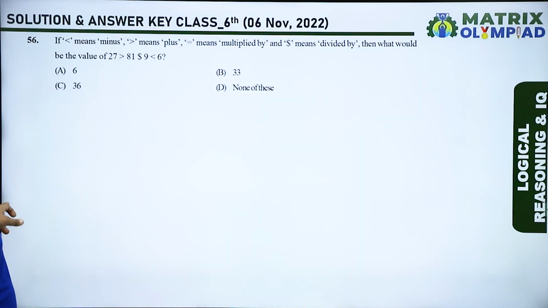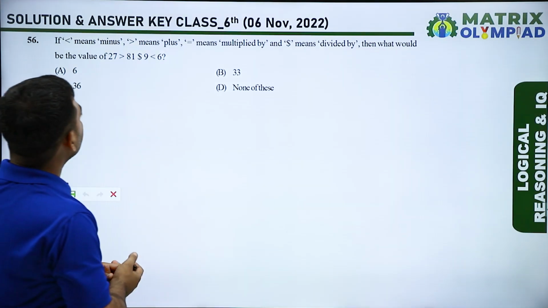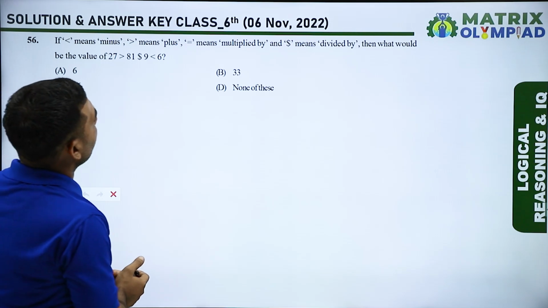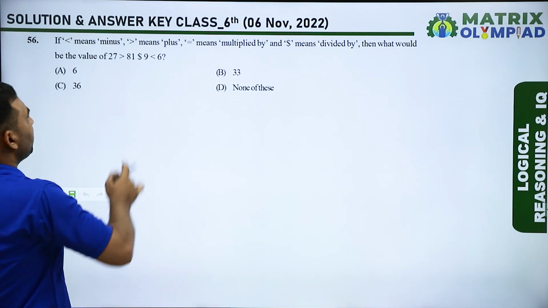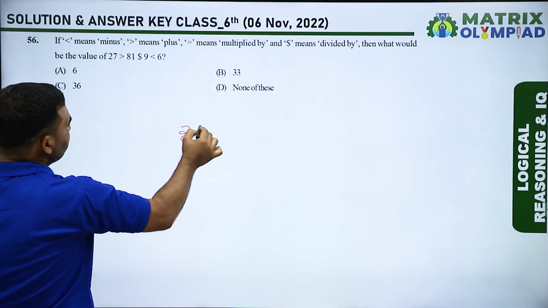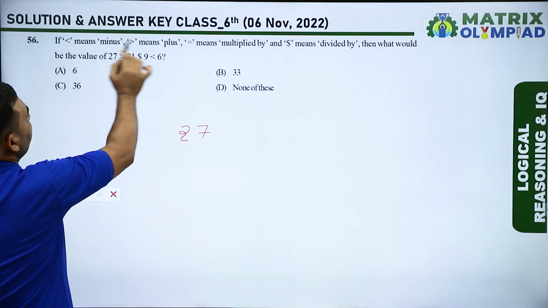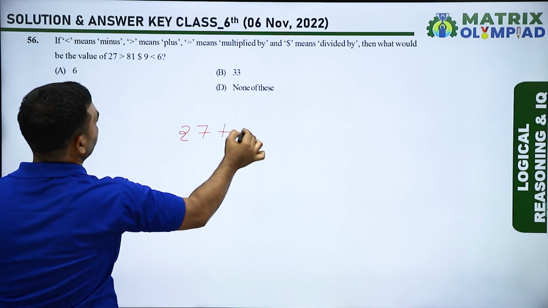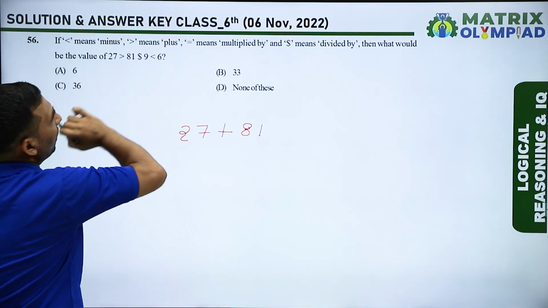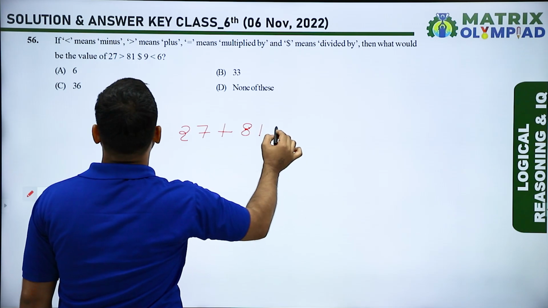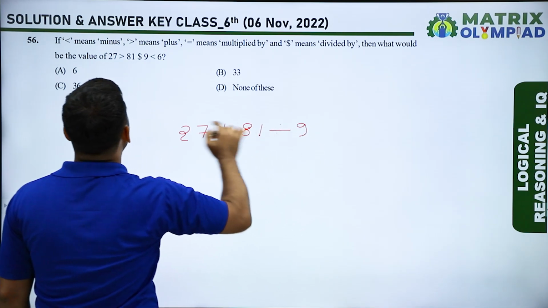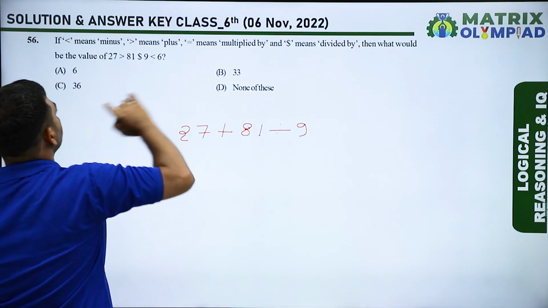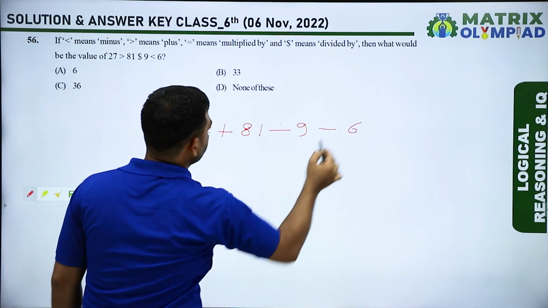Next is question number 56. Greater than means minus, less than means plus, equal means multiplied and dollar means divide. What will be the value of this equation? 27, greater than means plus, 81, dollar means divide, by 9, and less than means minus 6.